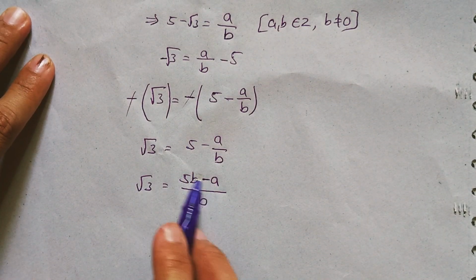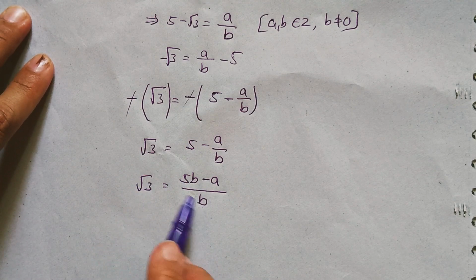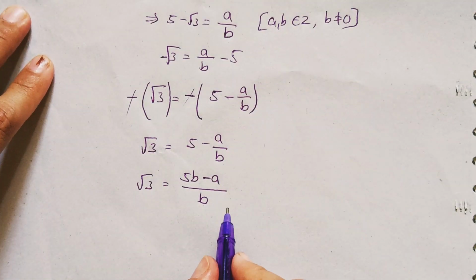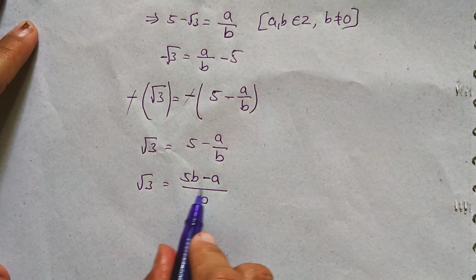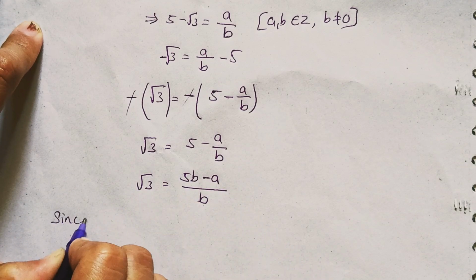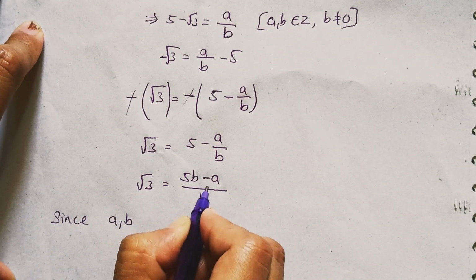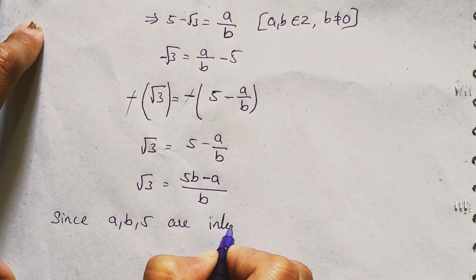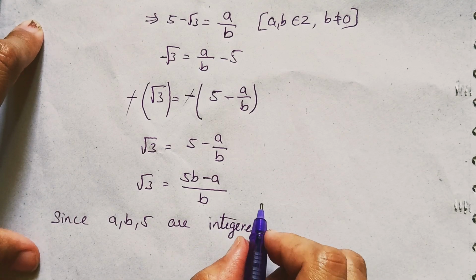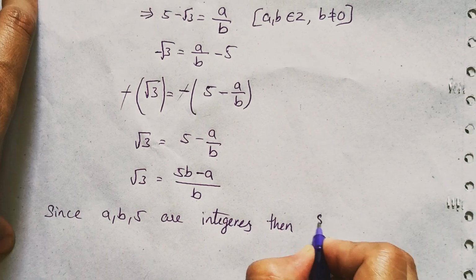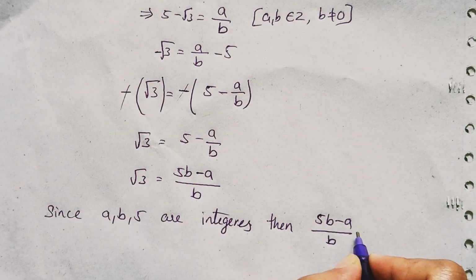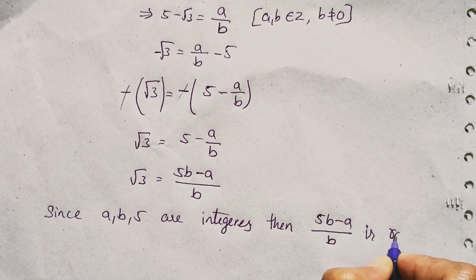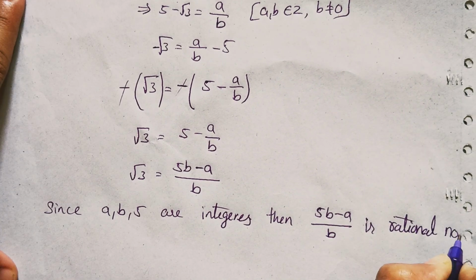If you observe this clearly, here 5, a, b are all integers. Integers are nothing but all positive and negative terms. So we can write that since a, b, 5 are integers, 5b minus a by b is in the form of p by q, so 5b minus a by b is a rational number.